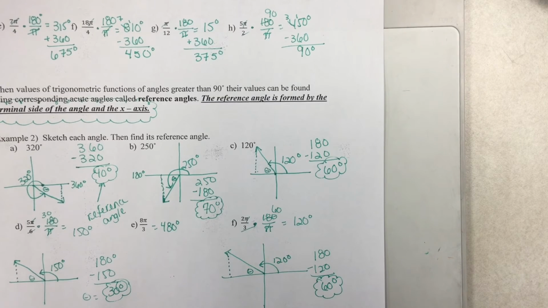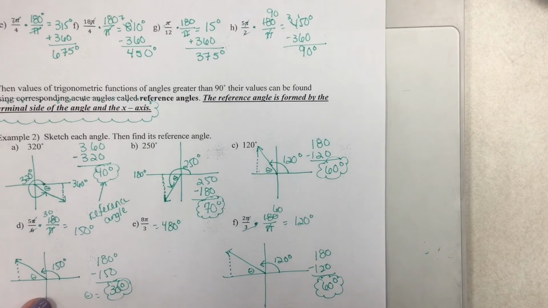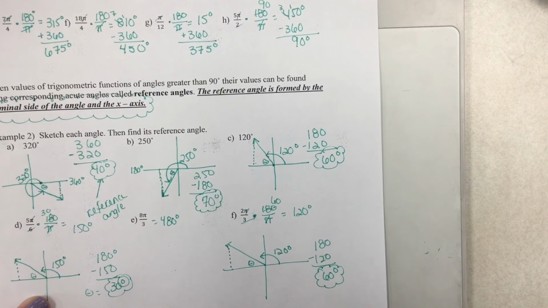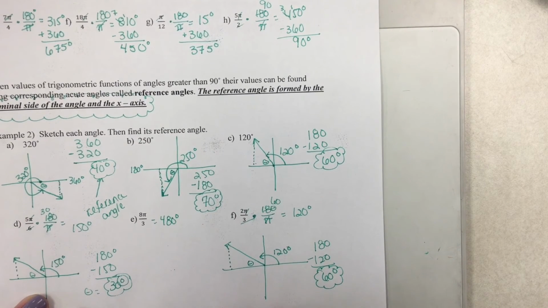Okay? So for instance, if I had a G down here and it was 75 degrees, you would draw your x and y. You would draw a 75-degree angle right here.